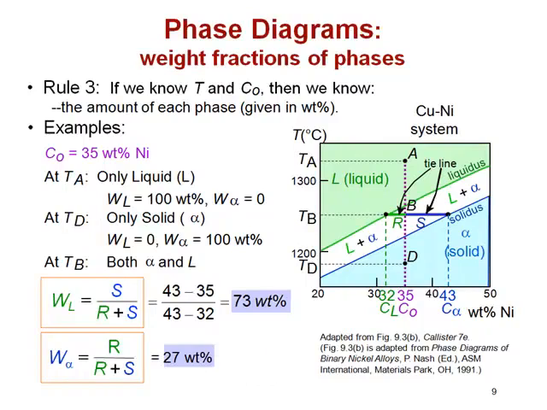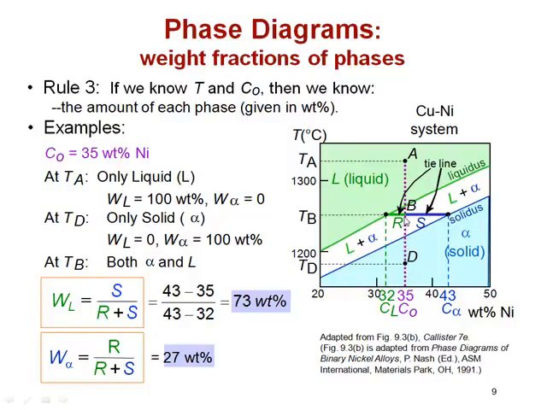Rule number 3: if we know temperature and composition, then we know the amount of each phase in weight percent. Example: again, I am not talking about points A and B because it's easy.